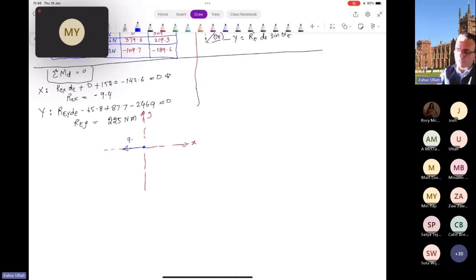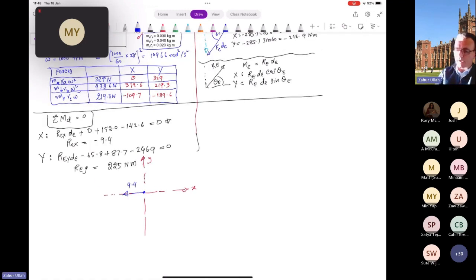And this is 9.4. And then the REY is very big compared to this one, but it's positive. So this means that it should be in the positive y direction.